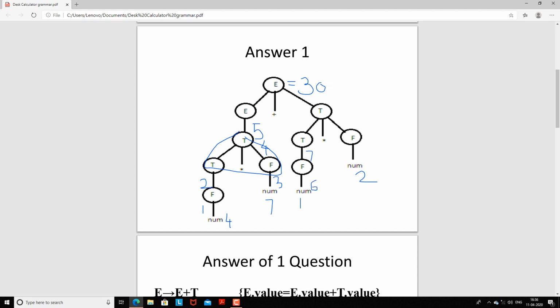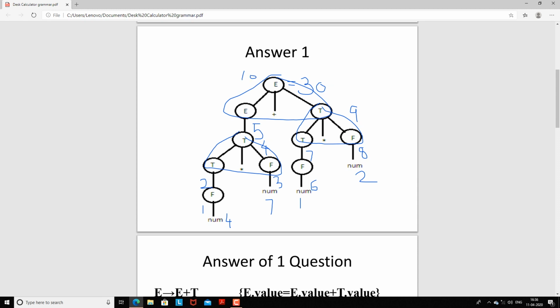Seventh reduction is T tends to F. Eighth reduction is this one. Ninth reduction is T tends to T into F. And the last reduction is E tends to E plus T. So the total number of reductions here is 10.